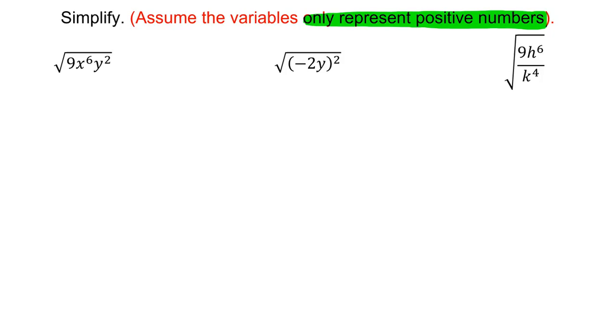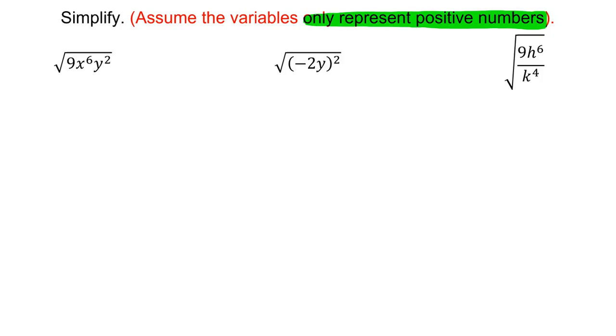So we don't have to use absolute value bars at all. So when our instructions say that our variables only represent positive numbers, we don't even have to worry about using absolute value bars. So let's look at the first example.